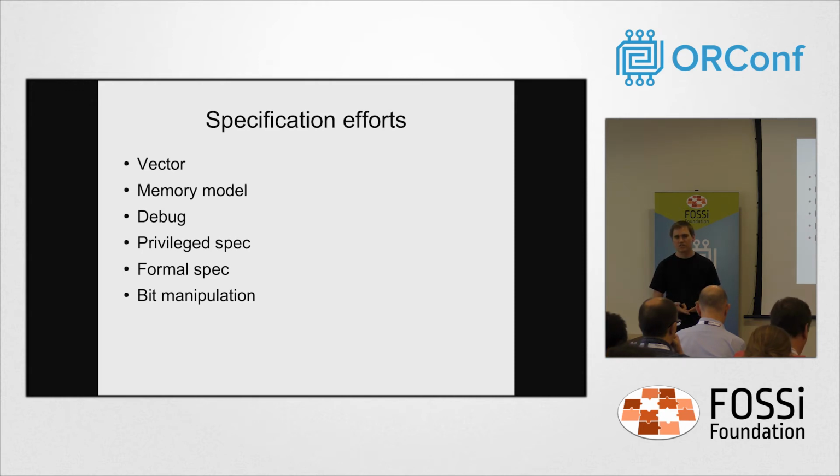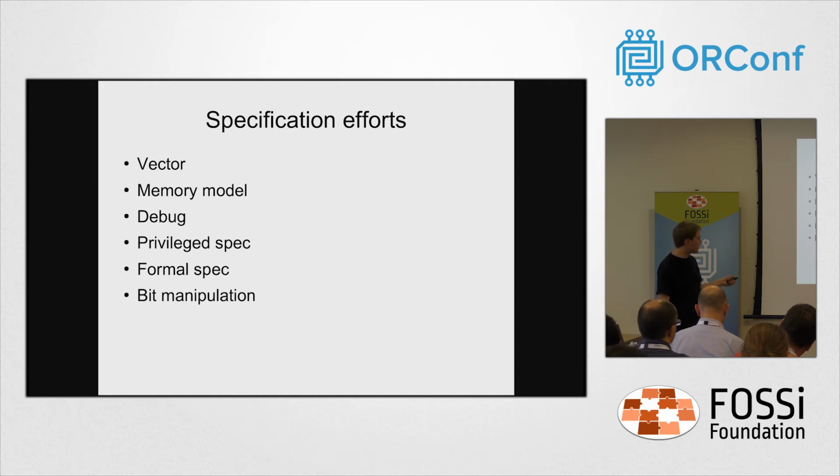The debug specification is currently focused on run control debug, the sort of things you might need to support GDB or for bringing up a system. There's interest from multiple parties in looking at trace debug, but people want to start with the basics first.